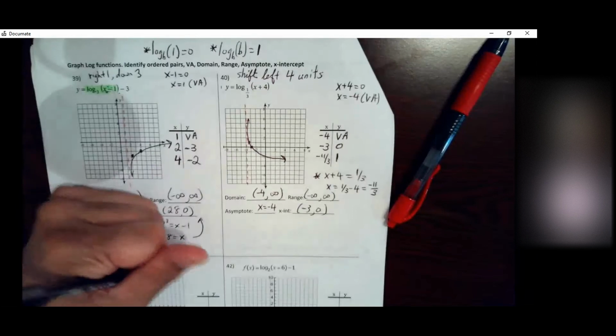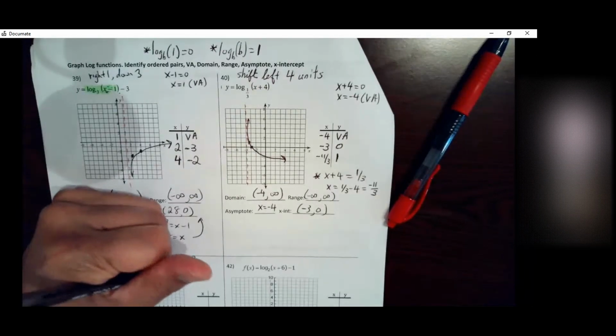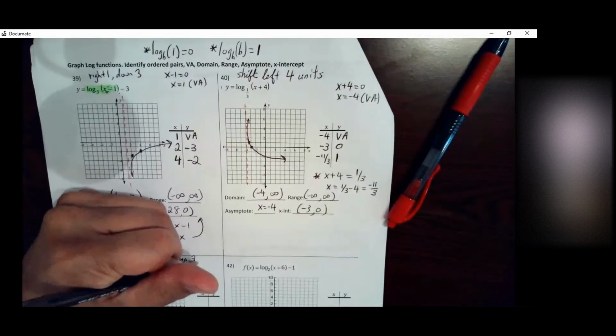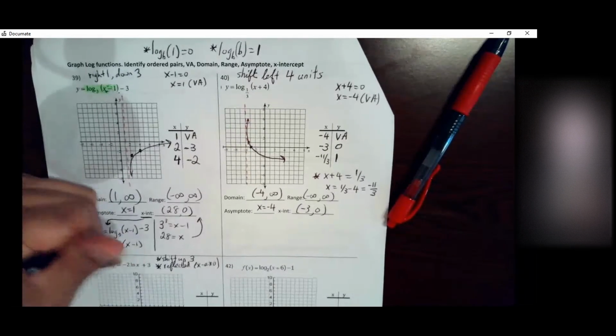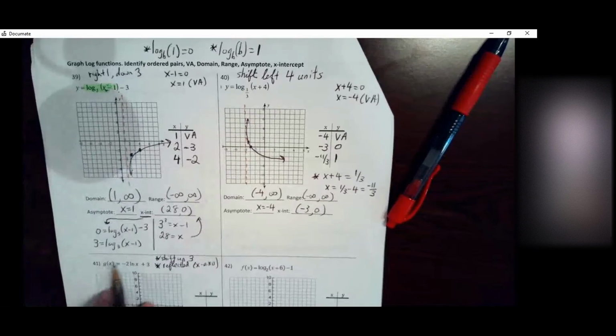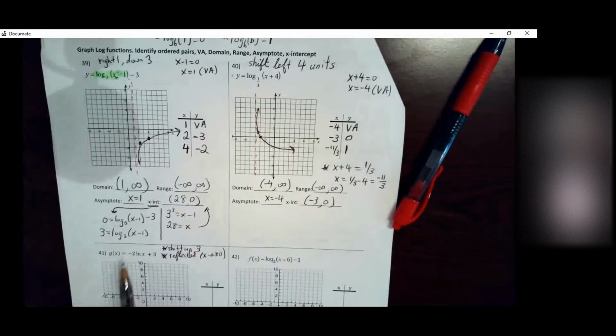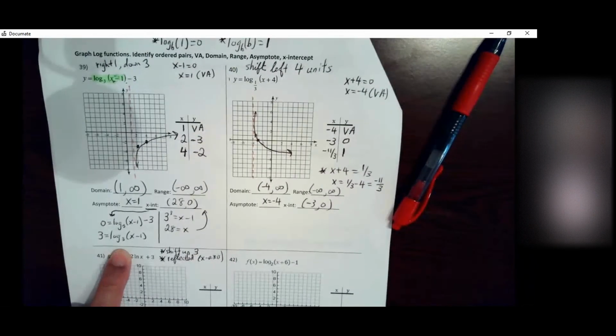Reflected over the x-axis and compressed by 2. Actually, stretched by 2. It's greater than 1 because we ignore the negative. The negative is for something else. So we just look at that number to see if it is greater than or less than 1.